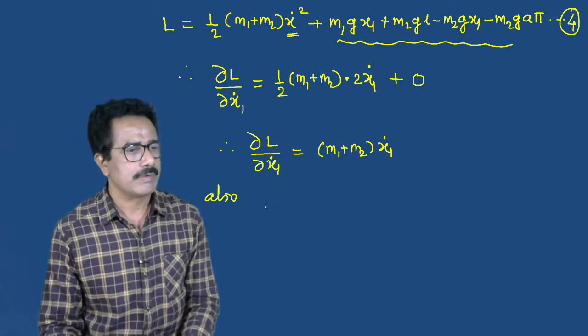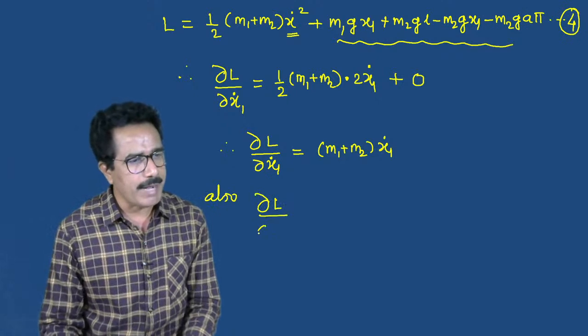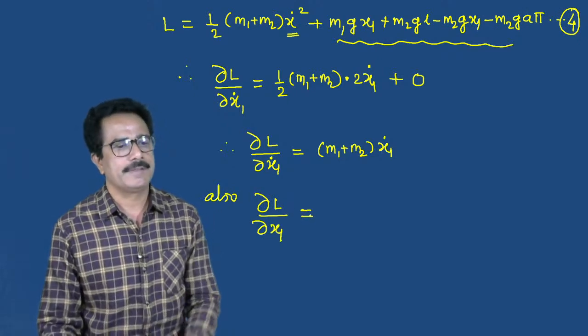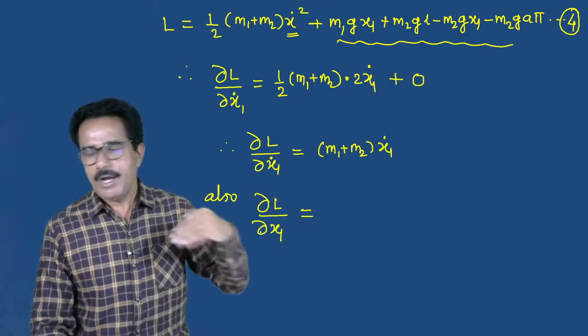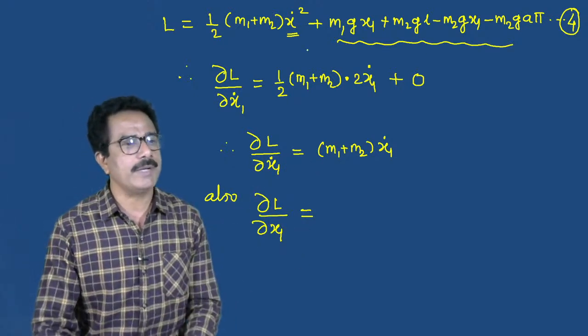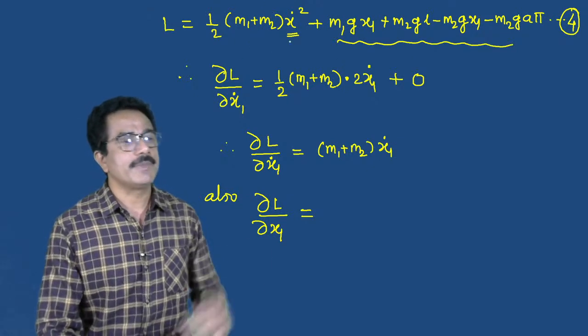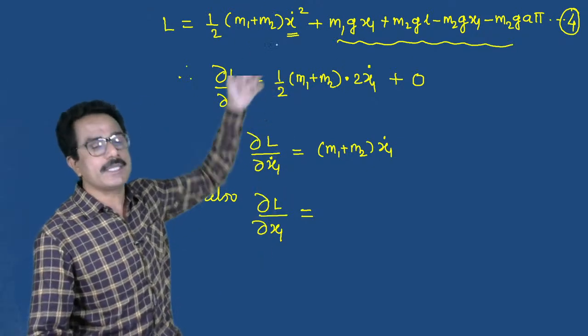Also we have to take dou L divided by dou x1. How can we write dou L divided by dou x1? This is the x1 term; the derivative of the first term is 0.